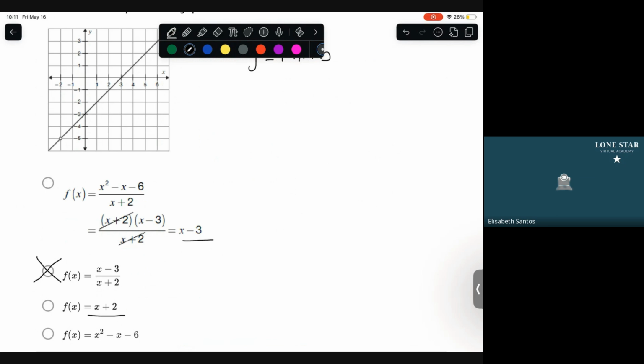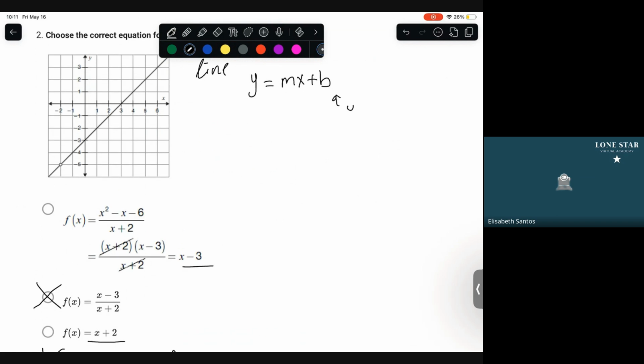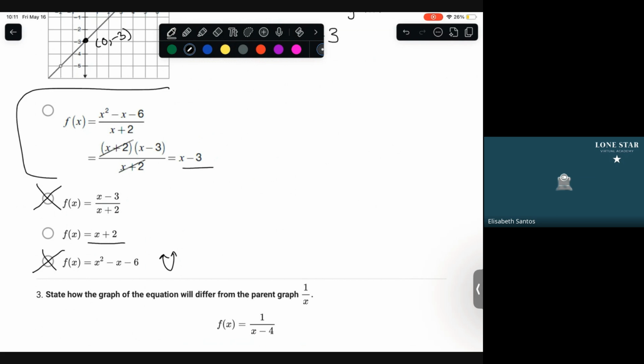That's a quadratic, it looks like a parabola, so that is also not an option. And if you remember what b stands for, b is the y-intercept. So let's find out what the y-intercept is, which is negative 3. So we should see a minus 3 in our equation, which is the first one right here.